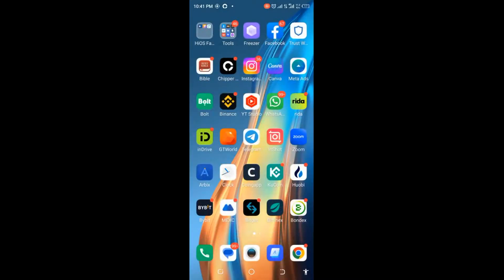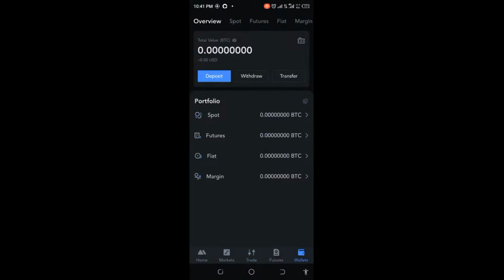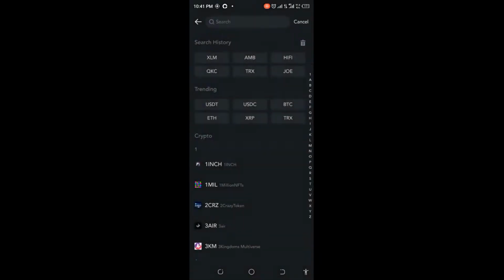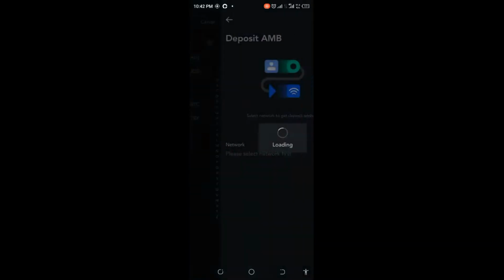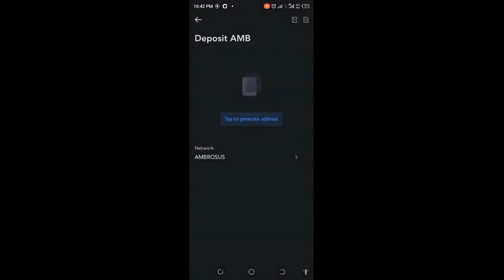For us to do that, we just need to get the deposit address from MEXC here. We're depositing AMB, the name is Ambrosus. Okay, interesting. I just need to make sure that everything is the same.